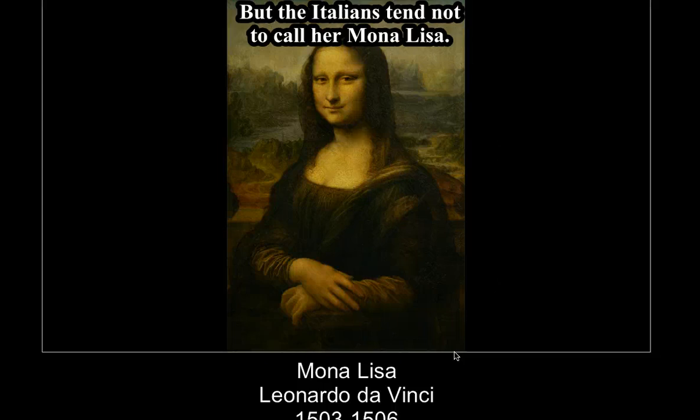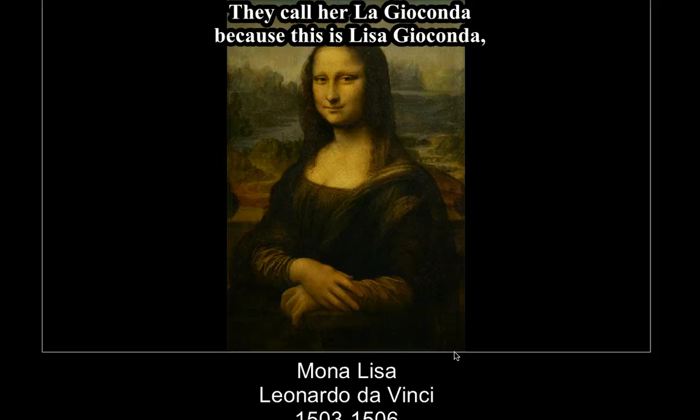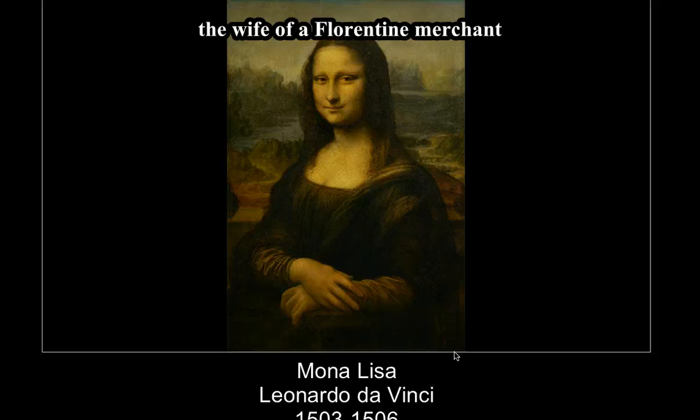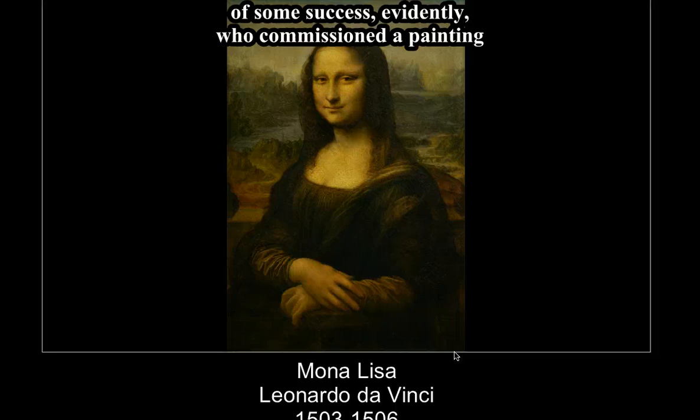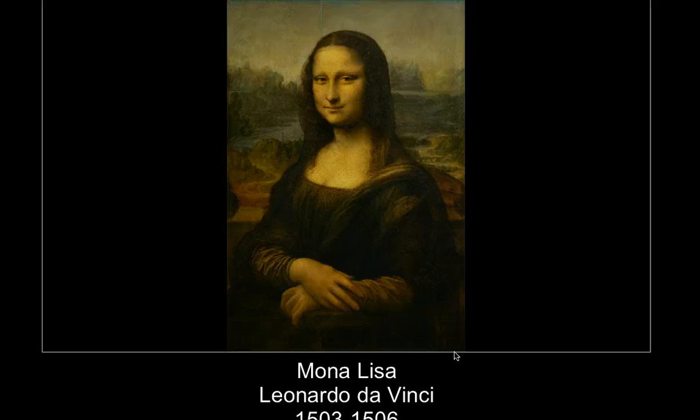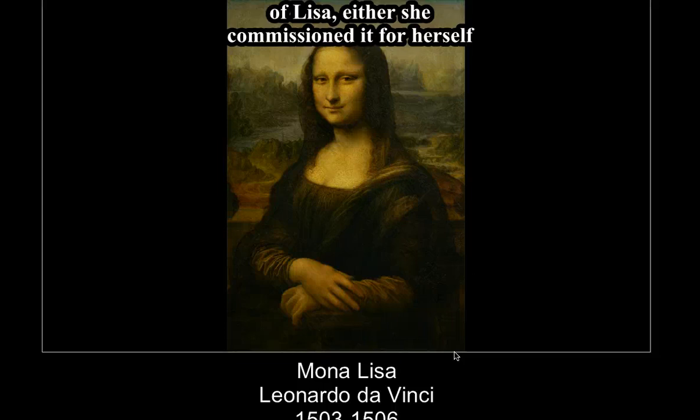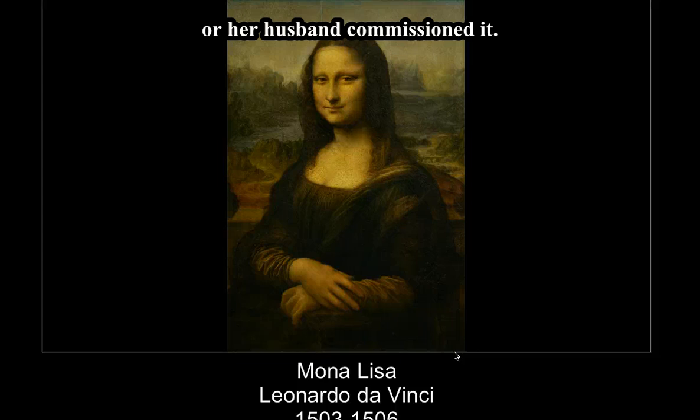But the Italians tend not to call her Mona Lisa, they call her La Gioconda, because this is Lisa Gioconda, the wife of a Florentine merchant of some success, evidently, who commissioned a painting of Lisa. Either she commissioned it for herself or her husband commissioned it.